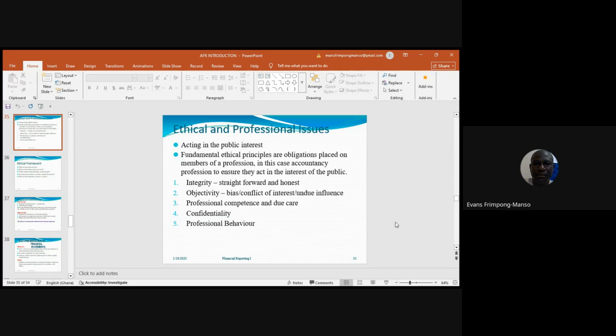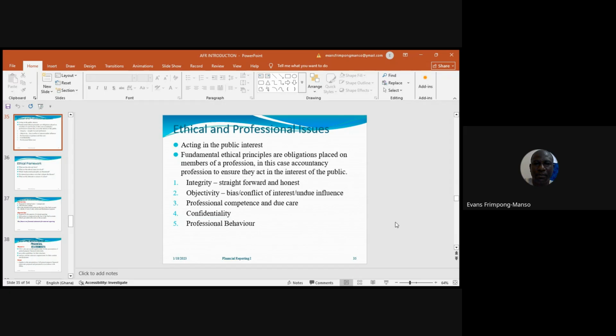So the accountant must be professionally qualified and must exercise care when performing his duties, so that his actions or inactions will not injure third parties. When I say third parties, I mean those for whose interest or benefit the financial statement has been prepared.